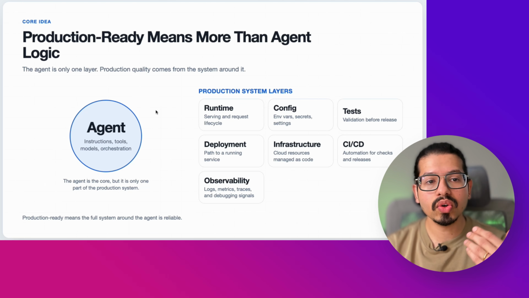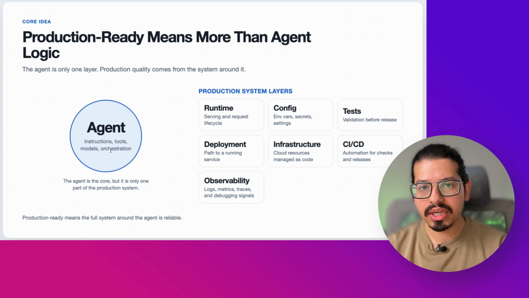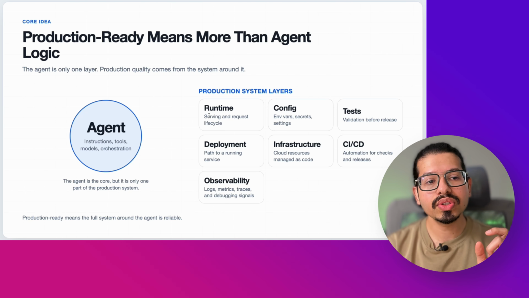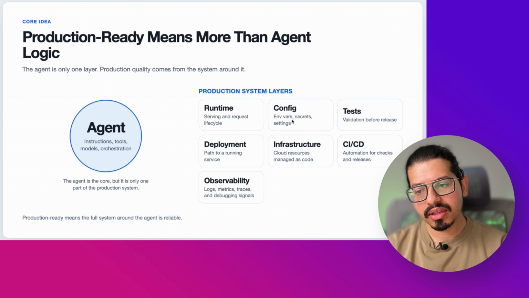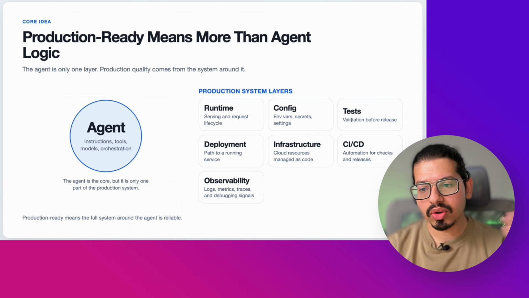The agent is the core logic. It includes the instructions, the tools, the models, the orchestration, and so on. Then there is runtime, which shows how the system is actually going to serve requests and run the agent. Then we have config, where we manage the environment variables, the secrets, the settings. Then there are tests, where we validate the changes before they go out.